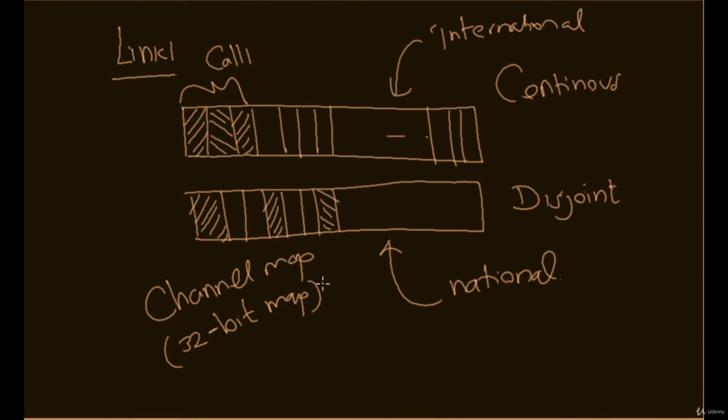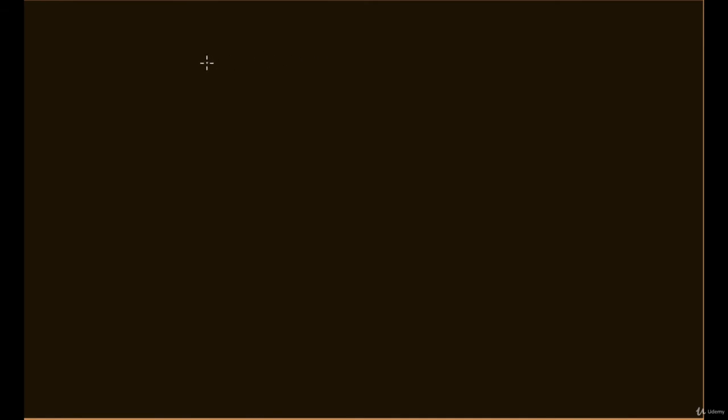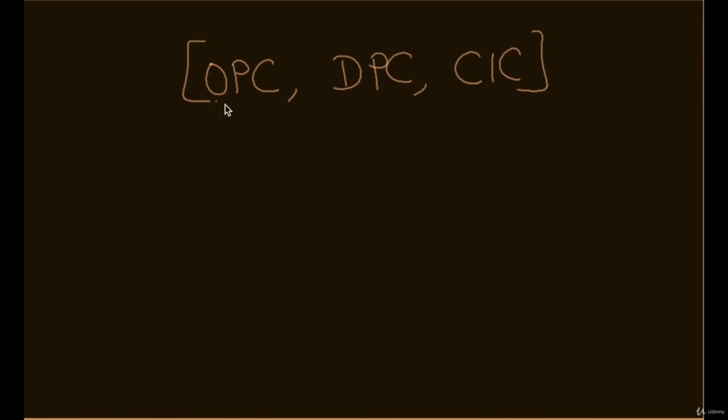And one last thing, we have an SLS also. So what we understood here is that the origin point code, the destination point code, and the CIC form a unique tuple. We also have the SLS, which is 4-bit information to indicate the link.